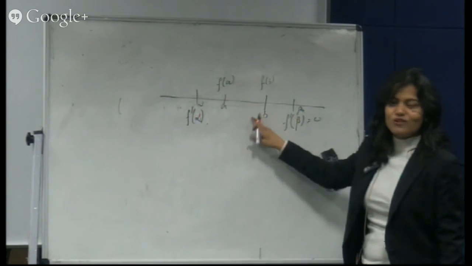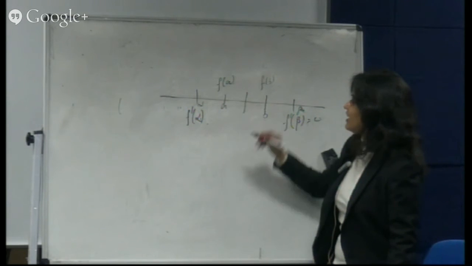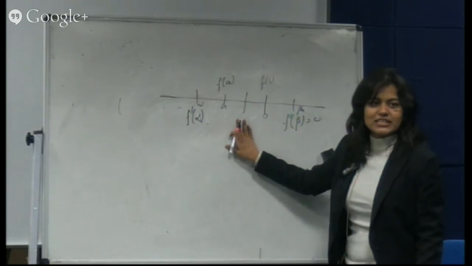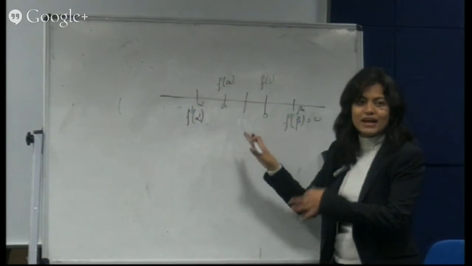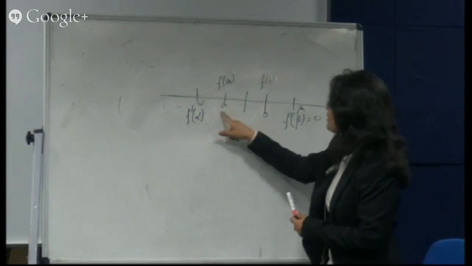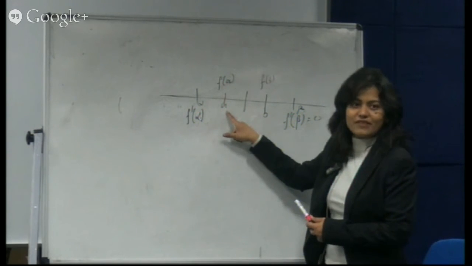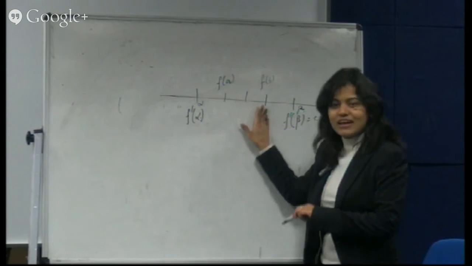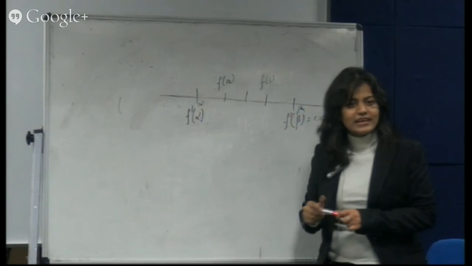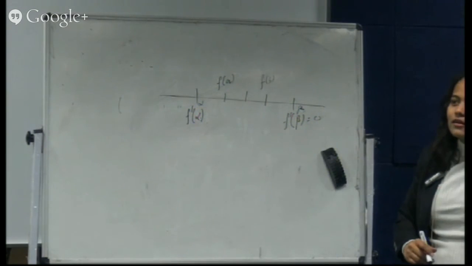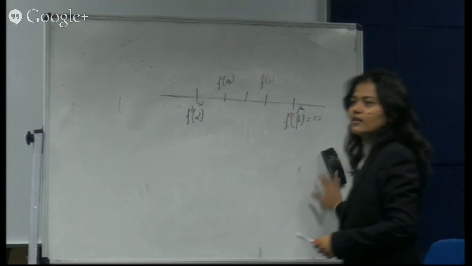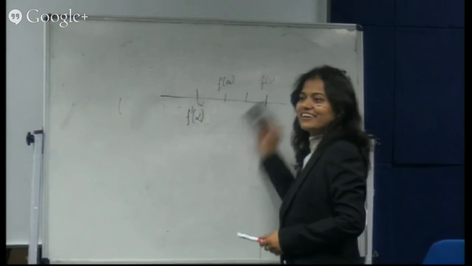Then applying Rolle's theorem on this interval, I will again have a zero of f dash. But I am saying that these two are consecutive zeros, so between them I cannot have any zero. That means I cannot have two zeros of f. So either I do not have any zero or at the most I can have 1. So which option is correct? Option B, at most 1.